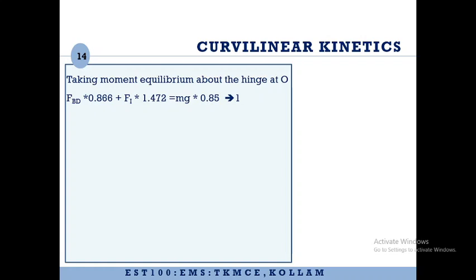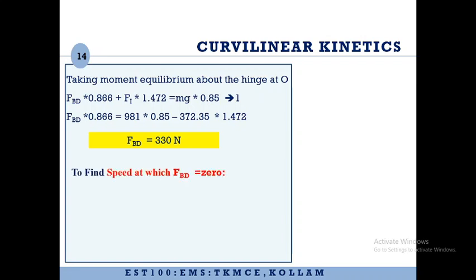Tension passes through the point O, and therefore it will not come in the moment equation. If we solve this, we get FBD equals 330 Newton. This is the force in the bar BD. Next, we need to find the speed at which FBD will be equal to 0.